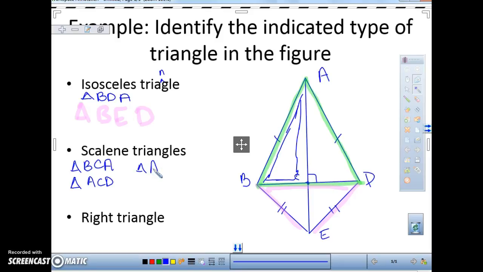A what? A, E, B. Yes. So AEB, I don't think anybody came up with that one last class. Good. So this triangle here. AD, the one on the right-hand side, yeah.